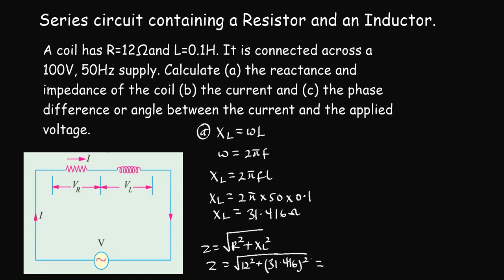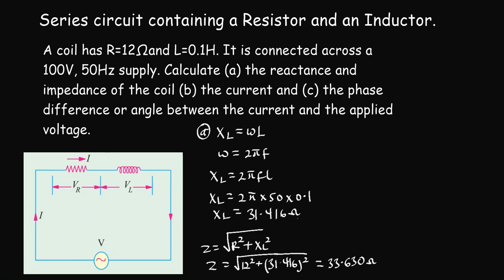Let's do this and see what you're going to get. This gave me the value of 33.629, so let's make it 33.63 ohms. So this is what you have for the impedance.